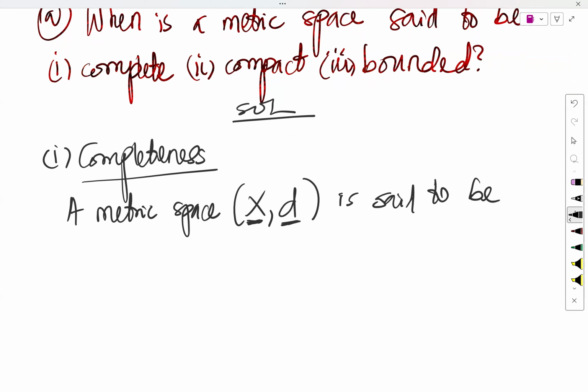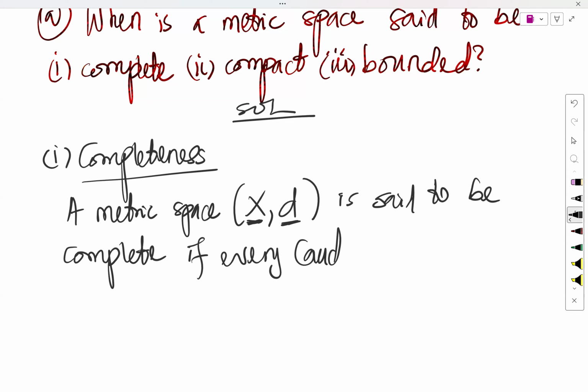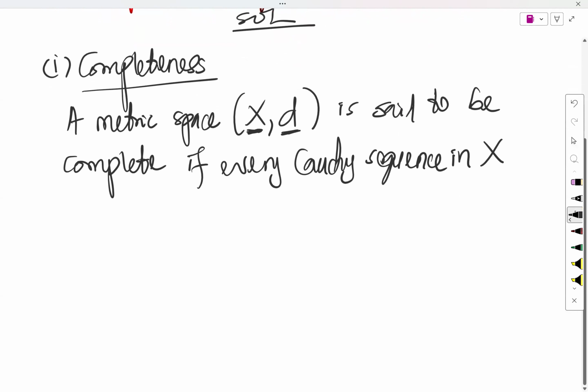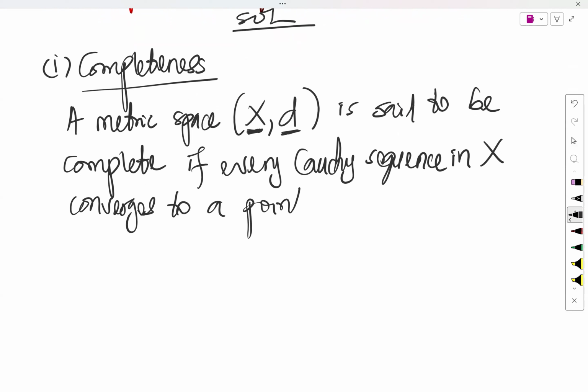to be complete if every Cauchy sequence in X, that is in this space, converges to a point in X. So it means if you pick any Cauchy sequence in this space, that sequence also converges to a value inside of that X. So that is where you say it is complete.